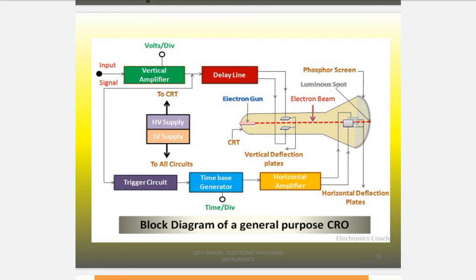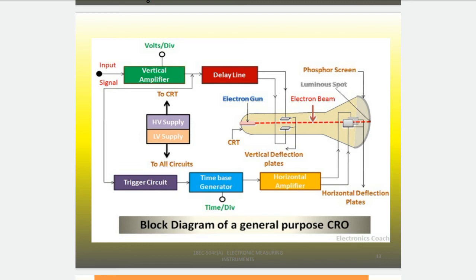The signal applied to the horizontal section passes through the trigger circuit, the sweep or time base generator, and a horizontal amplifier before it reaches the deflection plates. So it takes some time to reach the horizontal plates, that is 80 nanoseconds.